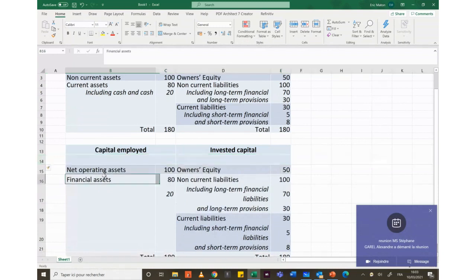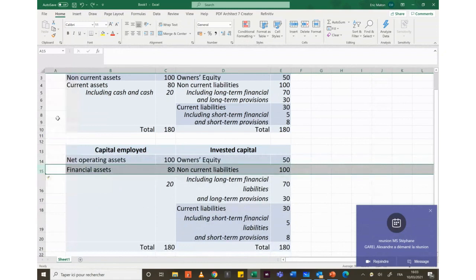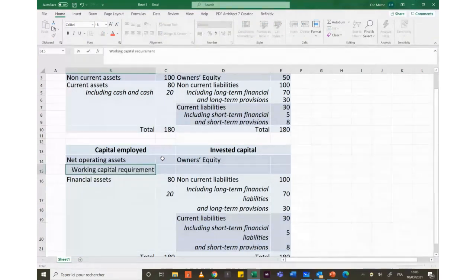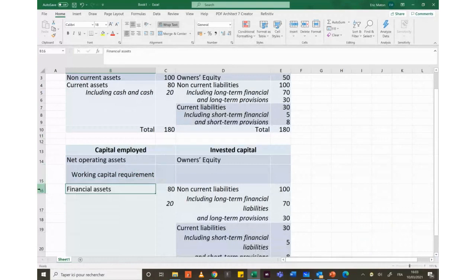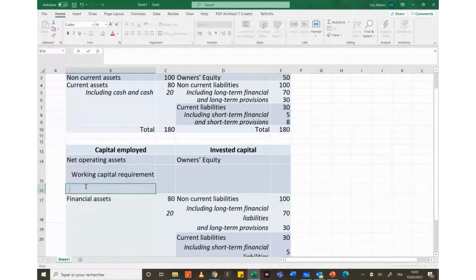In the net operating assets, we have two parts: we have the working capital requirement, and we have the net non-current operating assets.